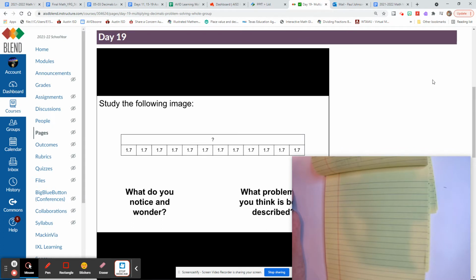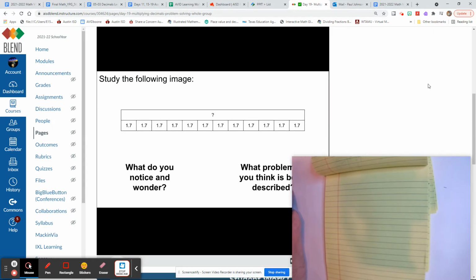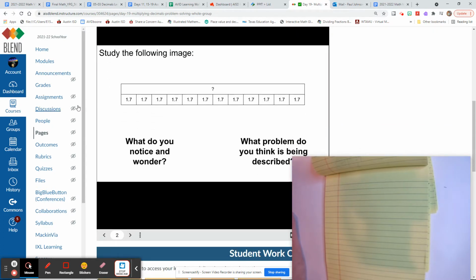Okay, so what we are looking at once again is an area model or a strip diagram. It looks like we have a lot of pieces. So we have 1, 2, 3, 4, 5, 6, 7, 8, 9, 10, 11, 12 pieces, and it looks like we're missing the whole.